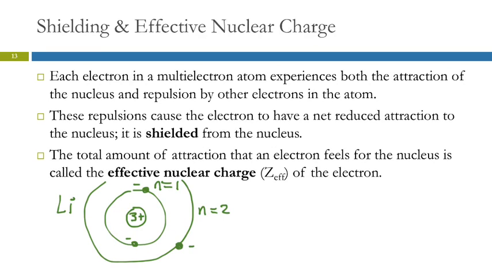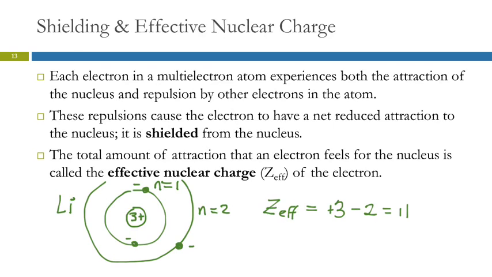And so the effective charge, what's called the effective nuclear charge, for that guy is going to be the charge on the nucleus, which is +3, subtracting the number of electrons in between. And so there's 2 of them.